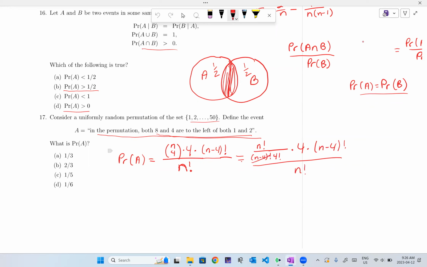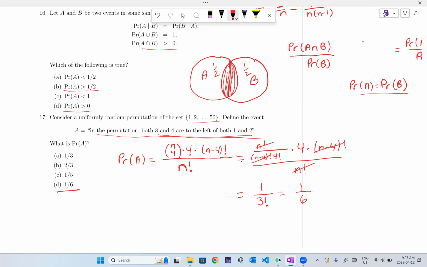And then I start canceling. I have 4 over 4 factorial, which is simply 1 over 3 factorial, I just cancel the 4. 3 factorial is 3 times 2 times 1, which is 6. So this is 1/6. Question 17 should be D, 1/6.